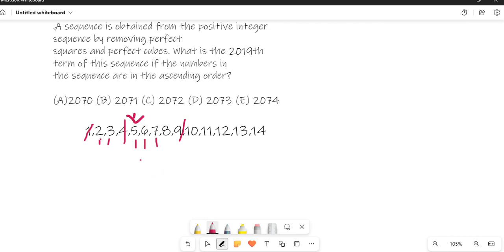The fifth digit would be 7. So notice what I did: the previous fifth digit was 5, and if I delete the perfect squares before it, the fifth digit would be 7.